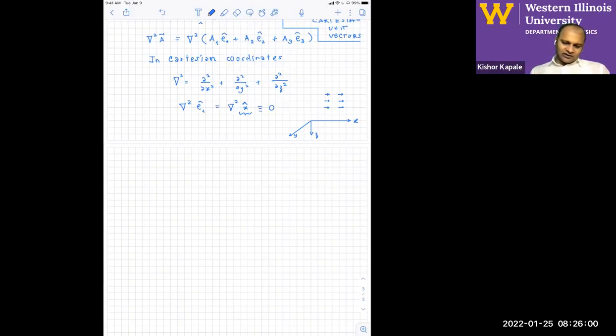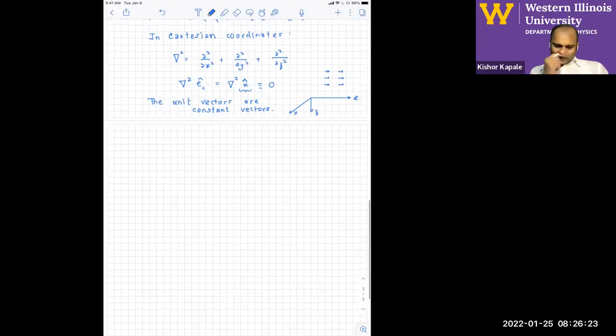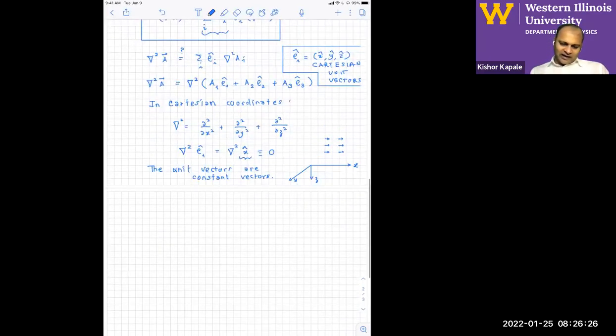So in Cartesian coordinates, the unit vectors are constant. They do not depend on the spatial position of any point, right? And so that's why when I apply this del squared, my job is easier. I only have to worry about the components of A, not the unit vectors.